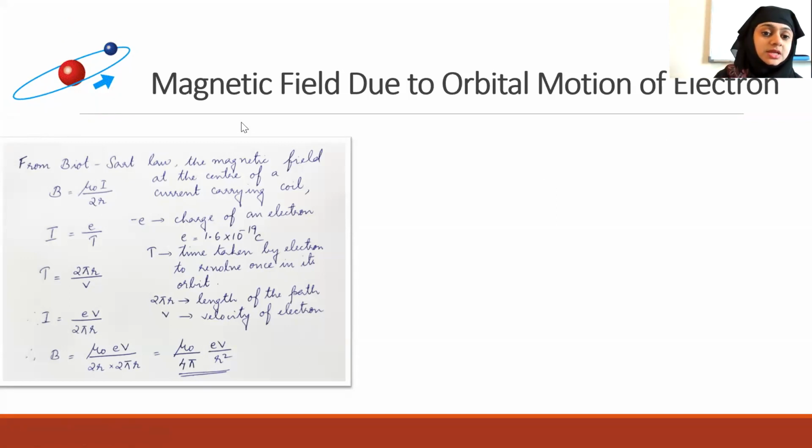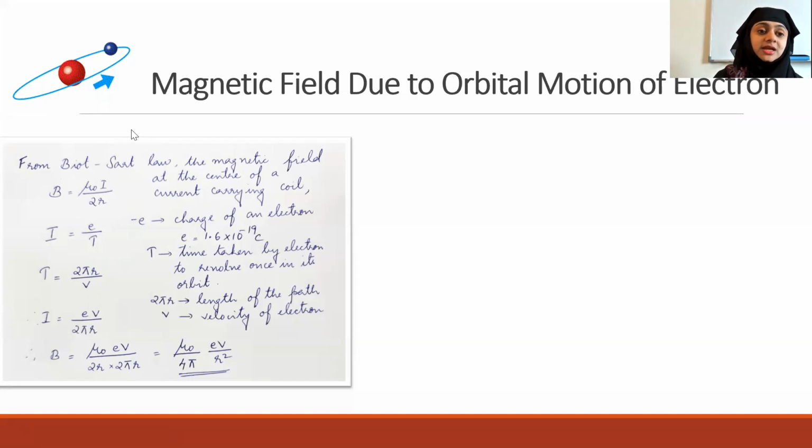Now we will see here that current means charge per time. So current is charge per time. If T is the total time taken by an electron to make one full revolution, then time is equal to distance divided by velocity.